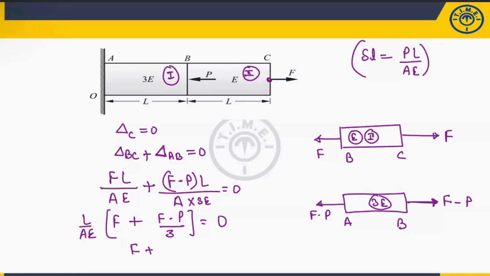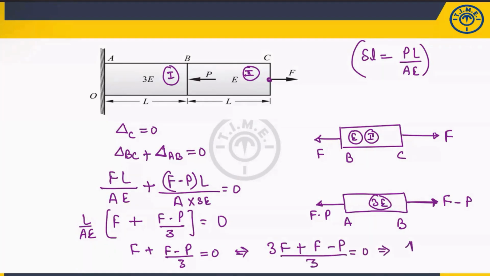That is, 3F plus F minus P divided by 3 is equal to 0. That means 4F is equal to P. Then P by F is equal to 4.